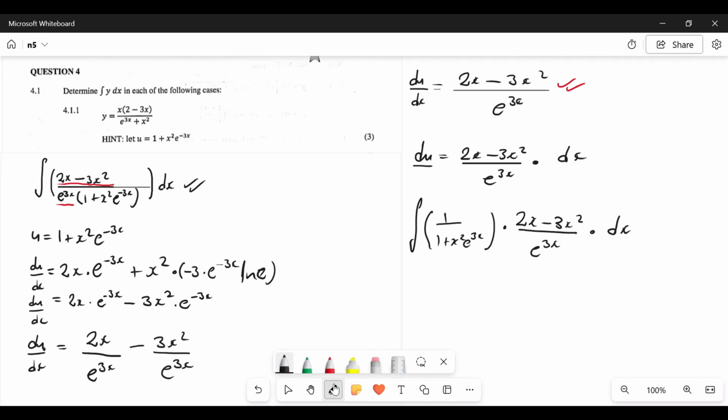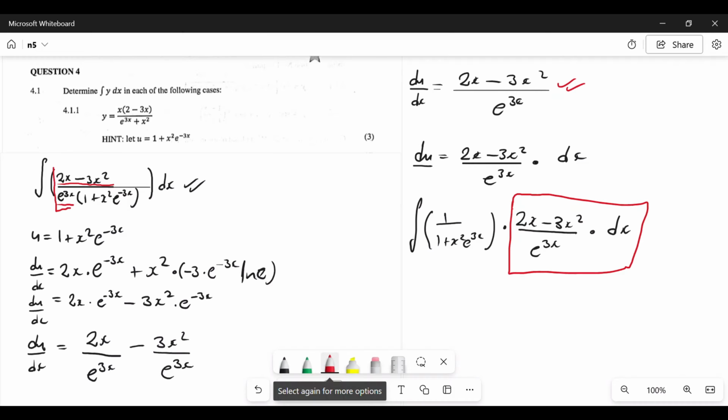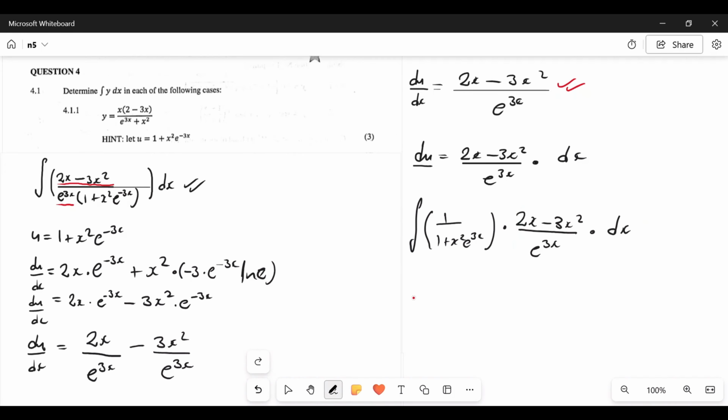So this part here, let me highlight very quickly, is the same as that part there. There we go. It's the same. It's just that I separated them, but because we have multiplication, they take you back to that question.